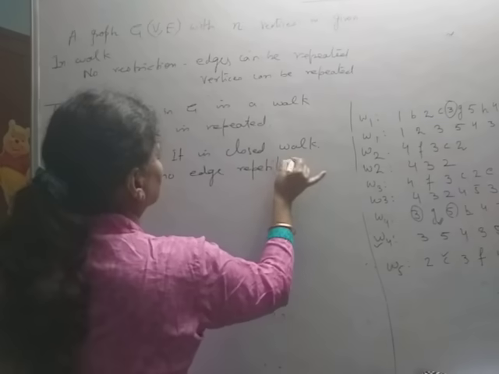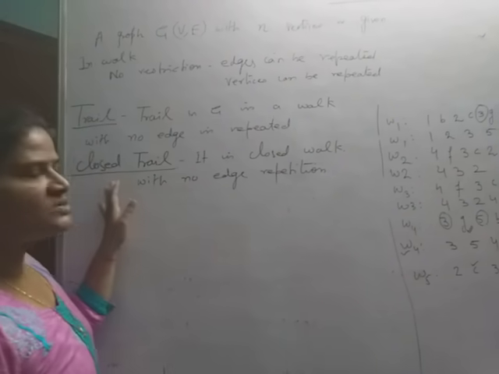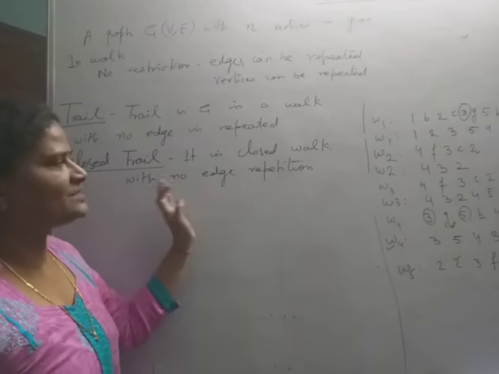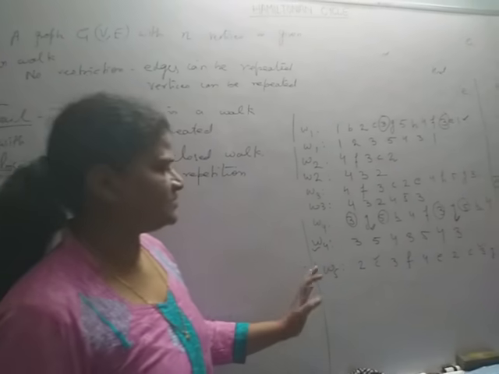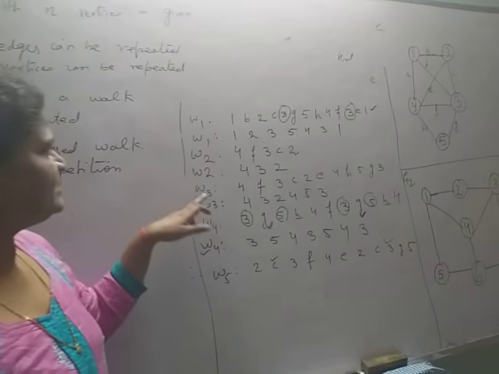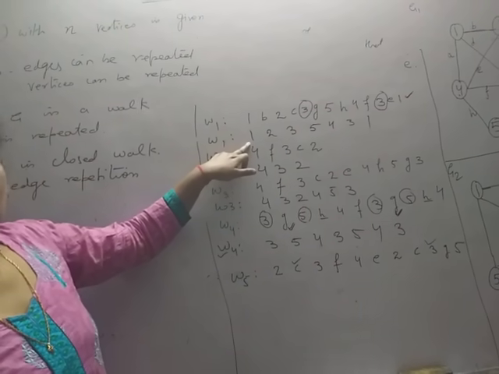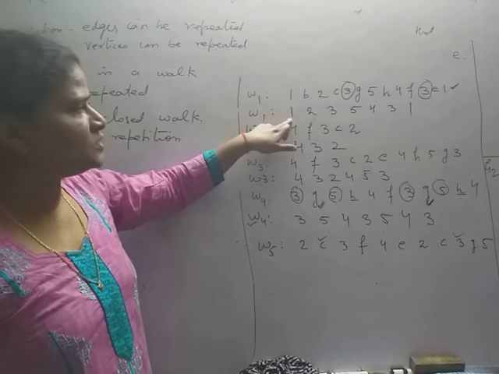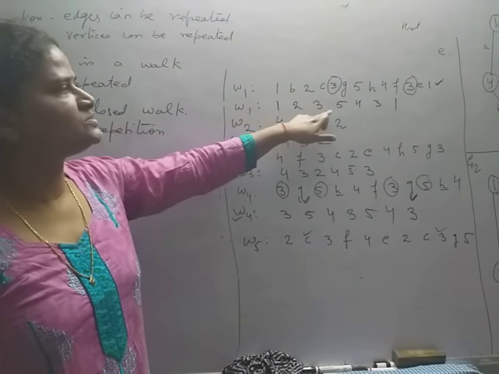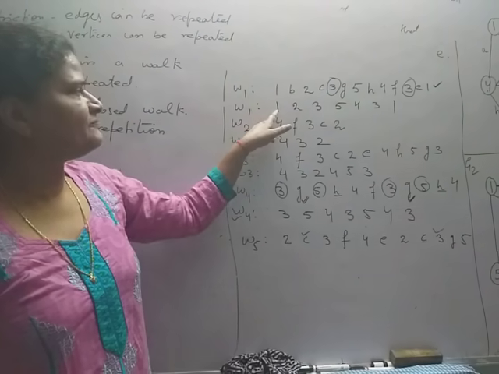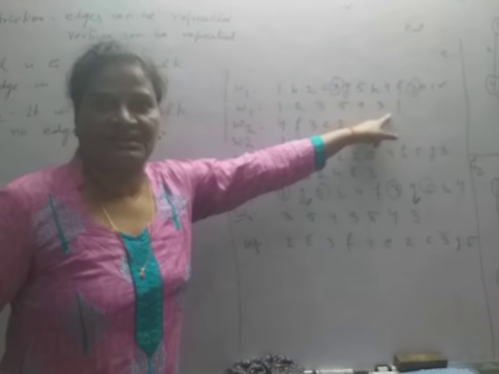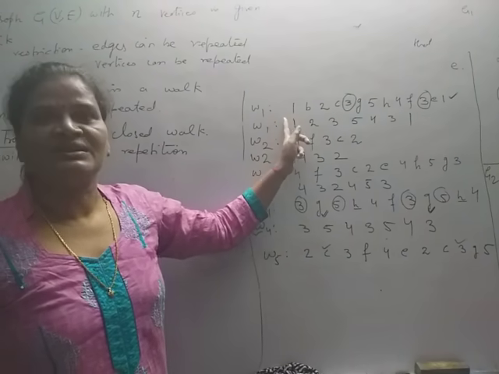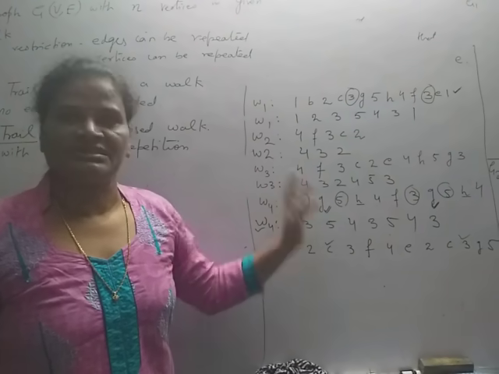Okay? So this closed trail is a closed walk with the restriction that no edge is repeated. Suppose this walk is a closed walk, as no edge is repeating and the first vertex and the last vertex are same, so this is a trail as well as a closed trail.